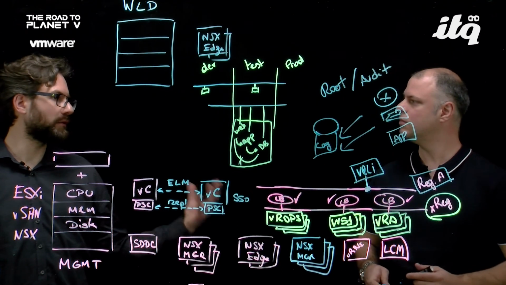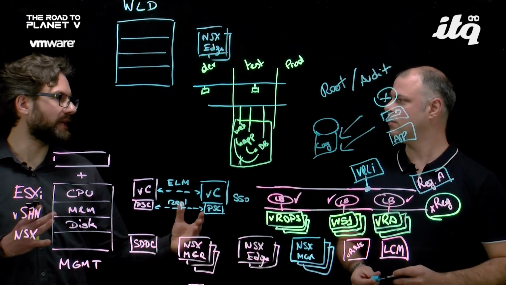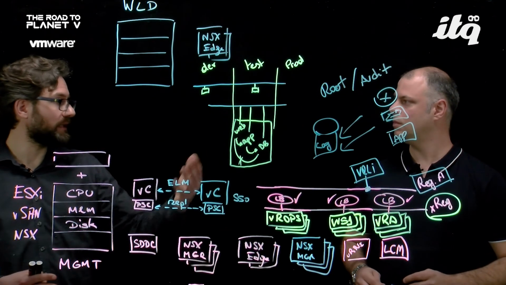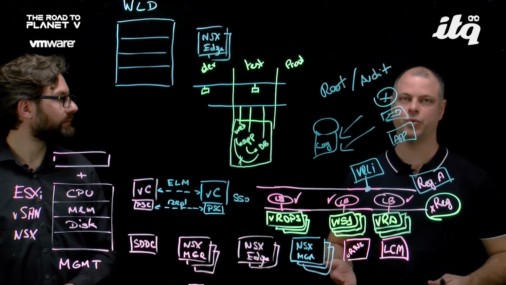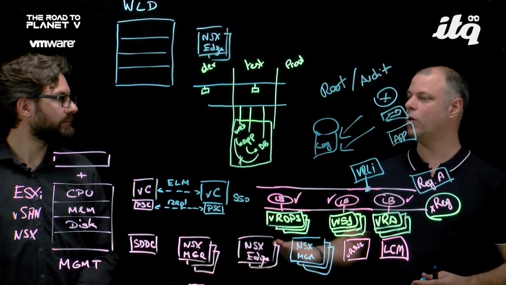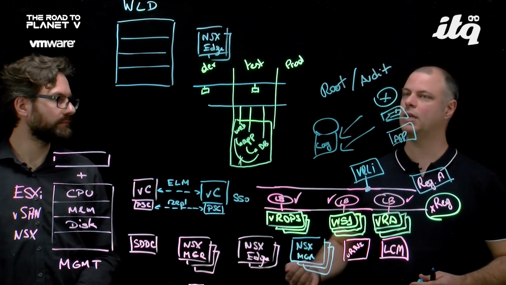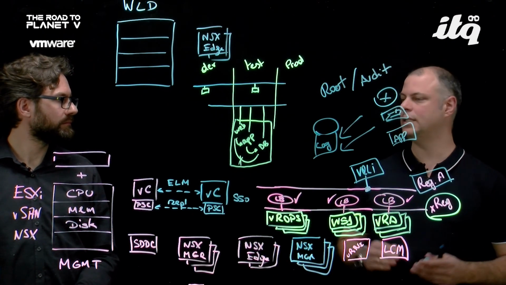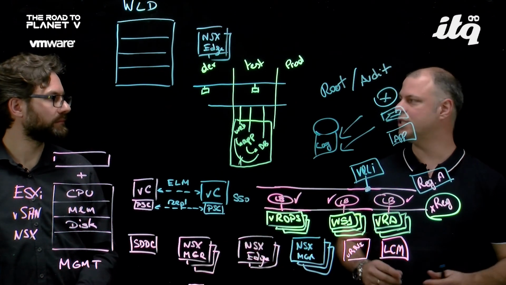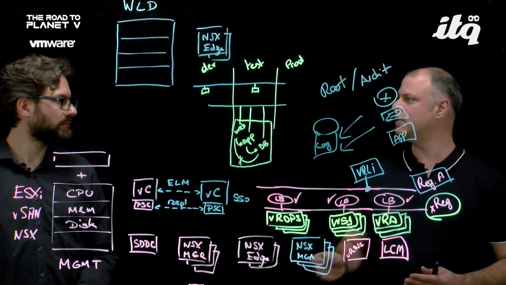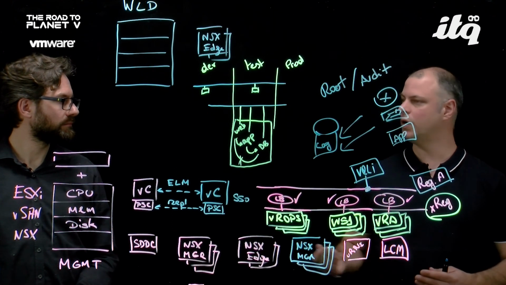So it will, of course, reduce the time to troubleshoot if we can find the root cause quicker. Correct. So when you have an issue in your environment, vROps will point to that issue and automatically link to the specific log that was generated, let's say, a week ago, showing what happened there that caused the issue for you. So root cause analysis, a very simple integration with vROps and Log Insight.